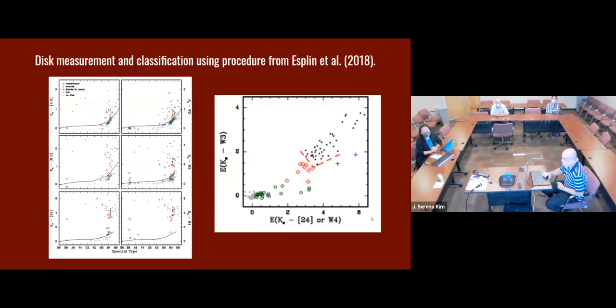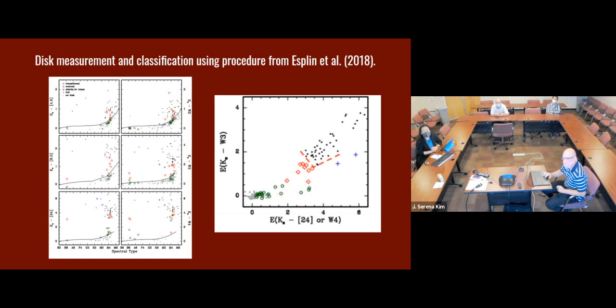So first off, looking at this diagram here showing the different classifications, the stars of the older population tend to be in these more evolved classes. So they're not here with excesses, but they're here and here.